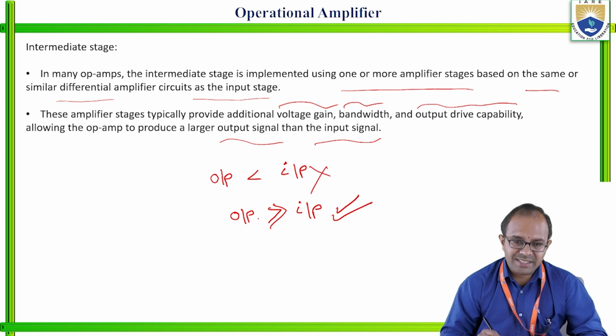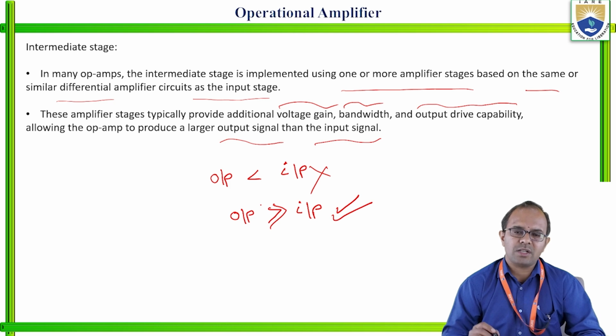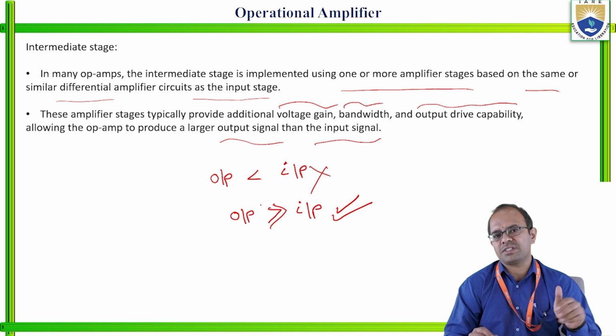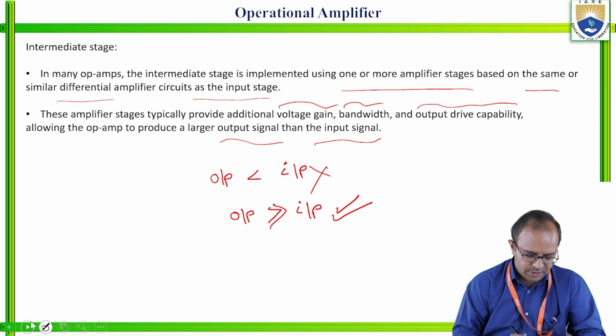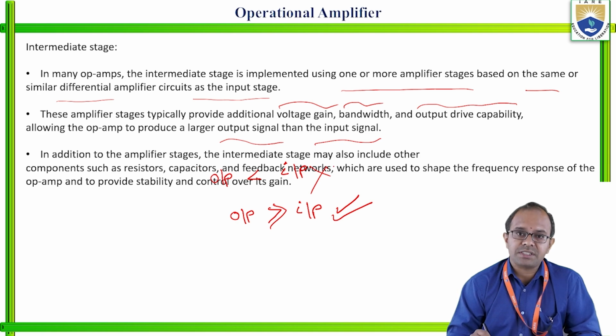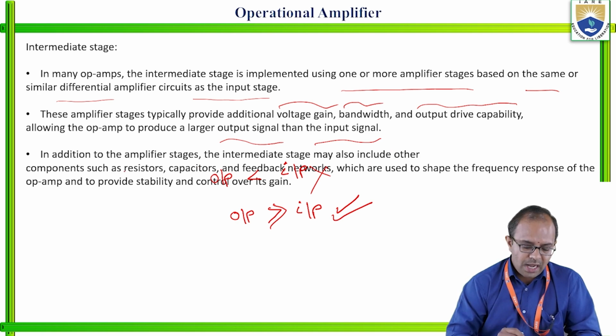In order to achieve this criteria, whatever number of circuits are required, we may consider within the intermediate stage. In addition to the amplification stages, the intermediate stage may also include other components.